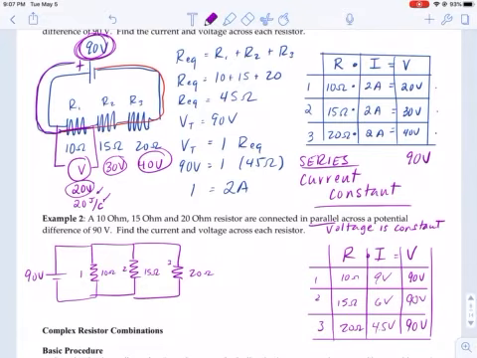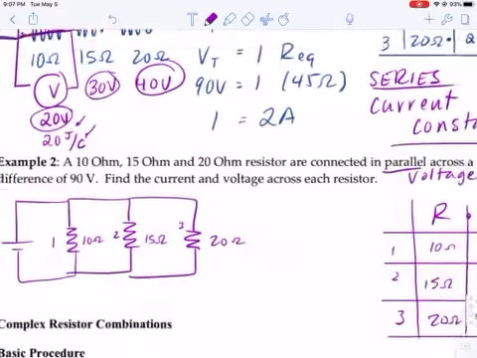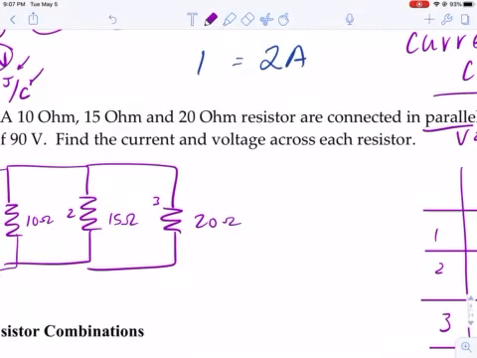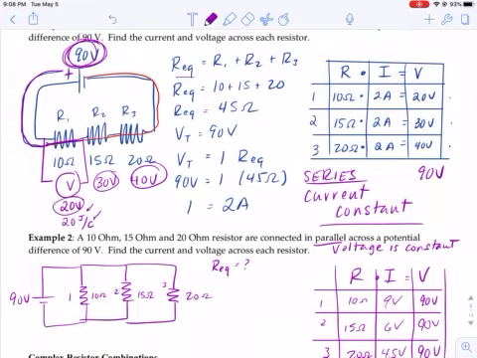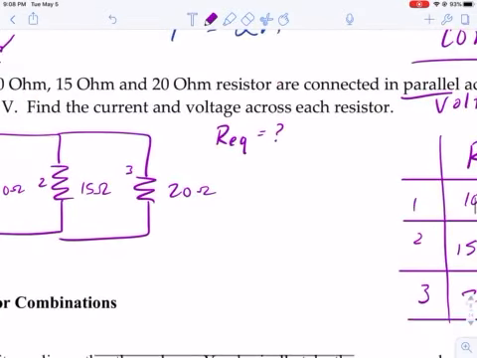Later, we are going to solve some more complex resistor combinations, and in preparation for that, I'd like to show you something else. What if we wanted to solve this one with similar steps to what we did up here? Our first step in the series problem was to solve for the equivalent resistance.